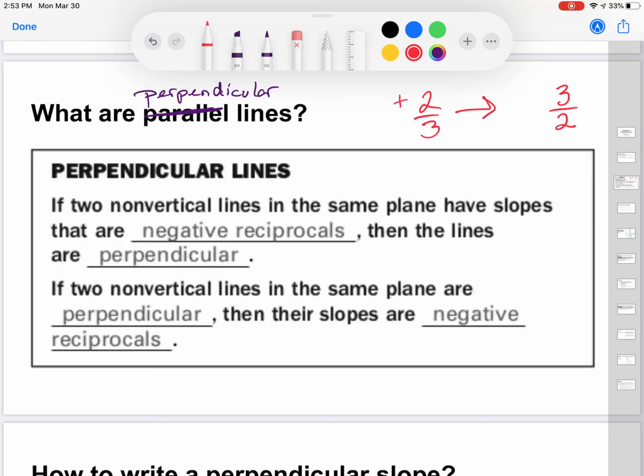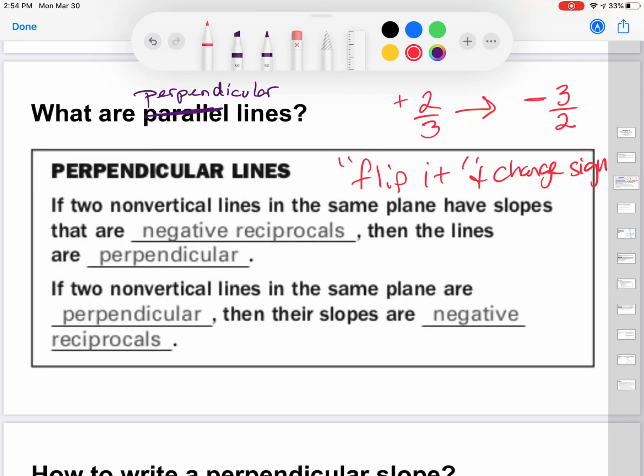And if this were a plus 2/3, well, then I'm going to change the sign and make that the opposite reciprocal. Remember that word reciprocal? It's a big word, but it simply means flip it, okay? So I want you to write that down, flip it, and change the sign.